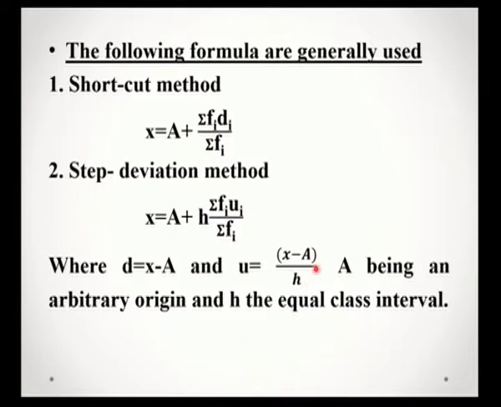By doing this manipulation, we will get the u value, then that u value can be multiplied with the frequency, then sum of that u frequency multiplication is obtained, that will be the numerator in this case, then sum of the frequency alone will be the denominator in this case, then that is multiplied with h. That means this component times h, the class interval, plus the arbitrary origin will give the arithmetic mean in step deviation method.